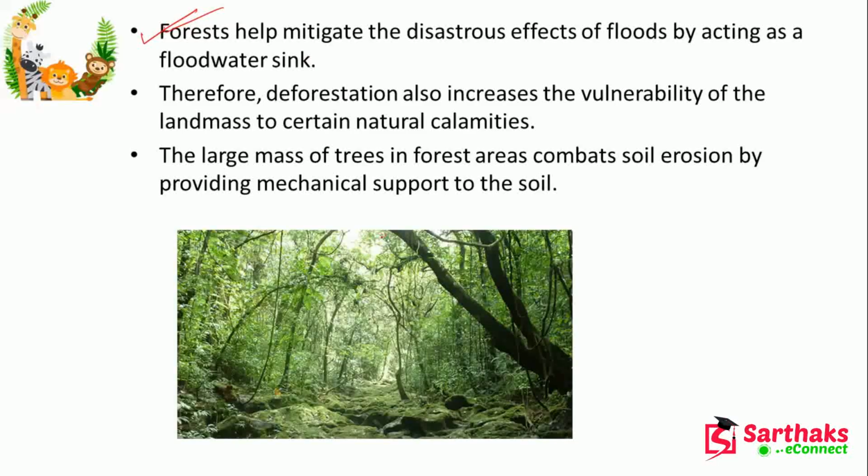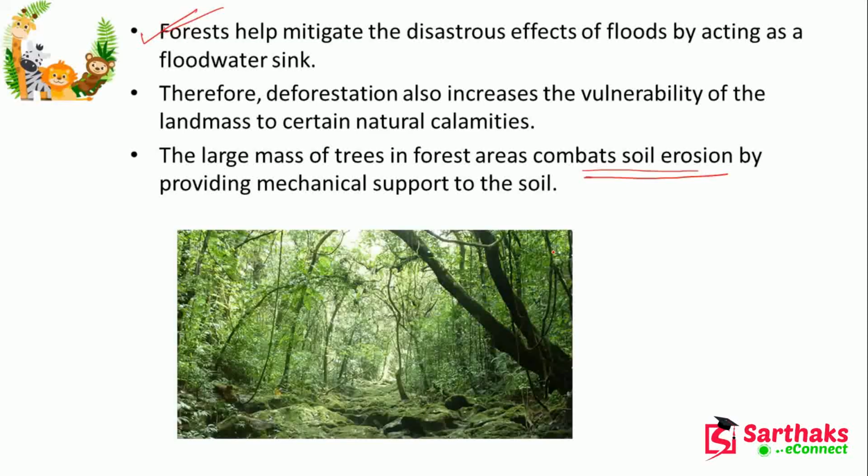Deforestation also increases the vulnerability of the landmass to certain natural calamities. And soil erosion, also one important point, can be avoided if we have the forest. So we require the forest for a lot of things. From the forest we can get a maintained water cycle, we can get oxygen, we can get food, we can get medicines.